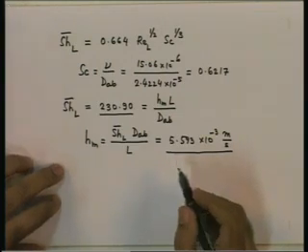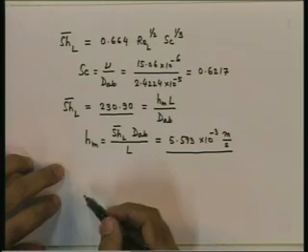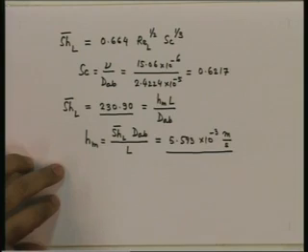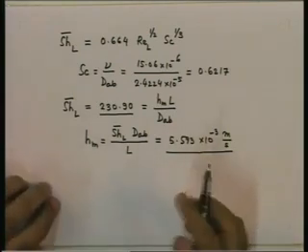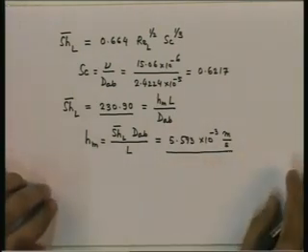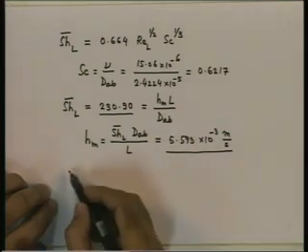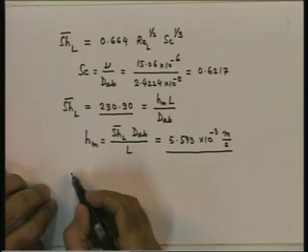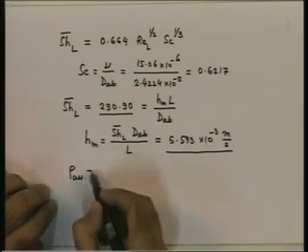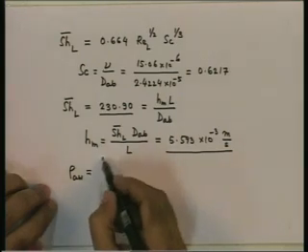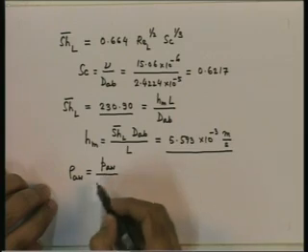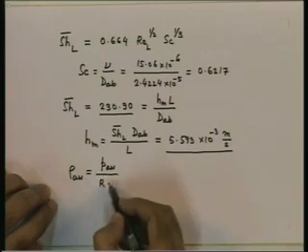Now, to determine the mass flux or mass flow rate, we need rho A infinity and rho A wall. Let us first calculate rho A wall. Now, rho A wall will be partial pressure of component A at the wall divided by RT.